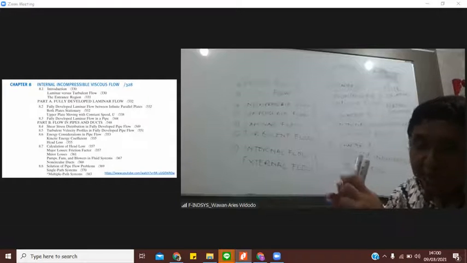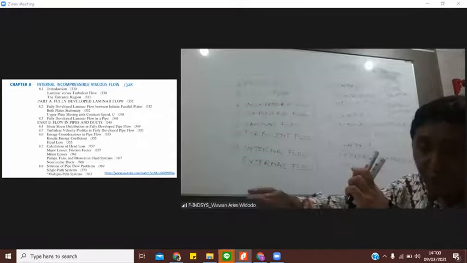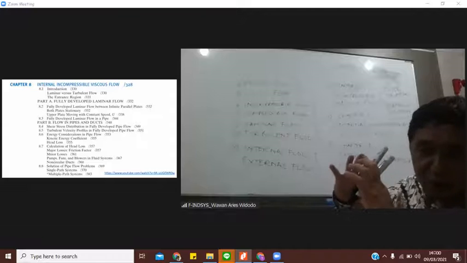Both of these constructions, pipes or ducts, are the same: the fluid flows inside and is bounded by a solid surface.